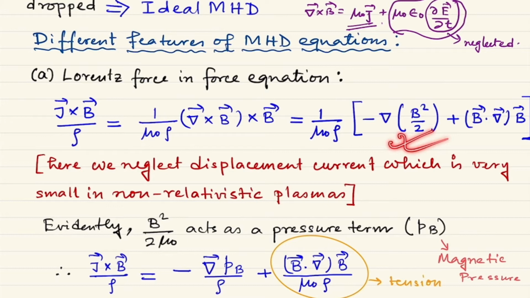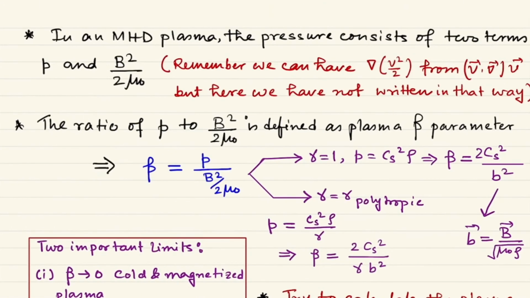This one is like a pressure, and this one is known as tension. Why this is known as magnetic tension, we will come to in a few minutes. But before that, let us understand that in the MHD equation we have two contributions from pressure type of thing.